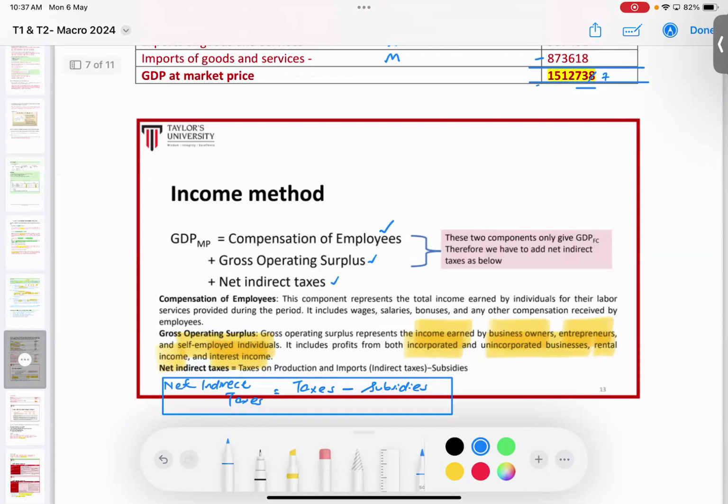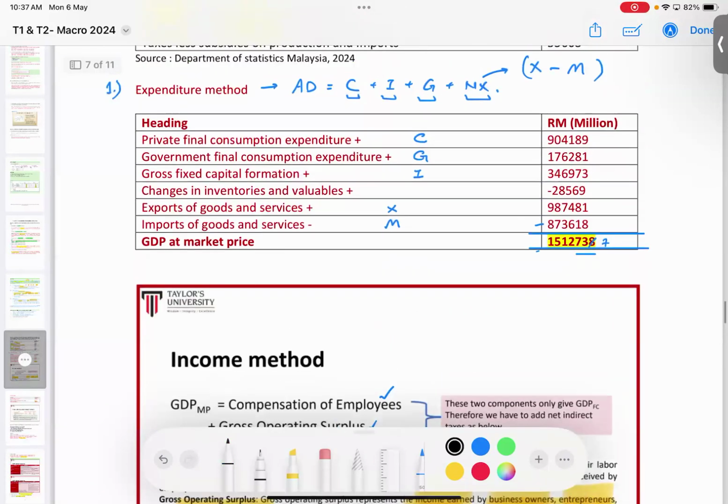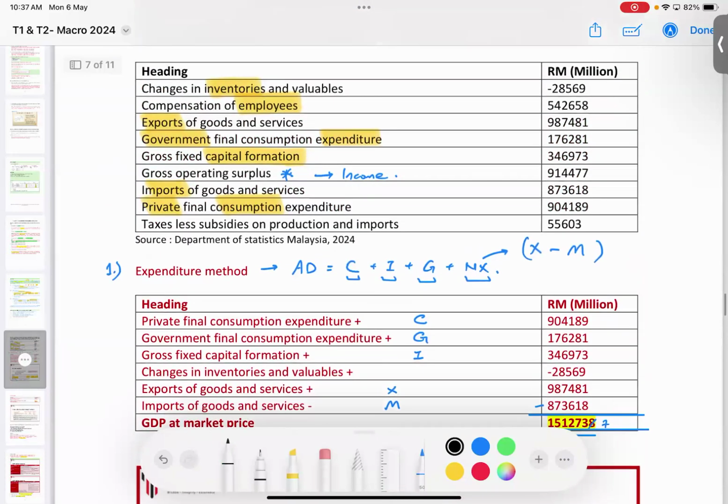So, the income method. We take the information here. We have the compensation of employees, we have the gross operating surplus, and net indirect taxes.